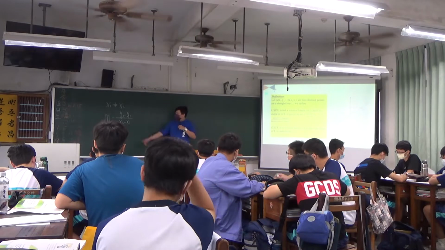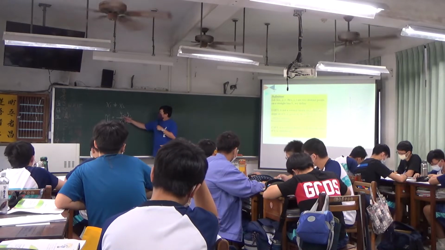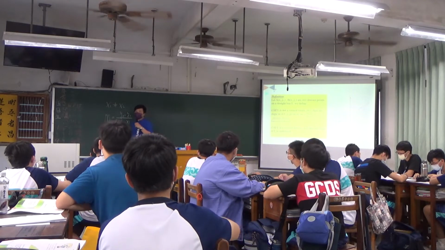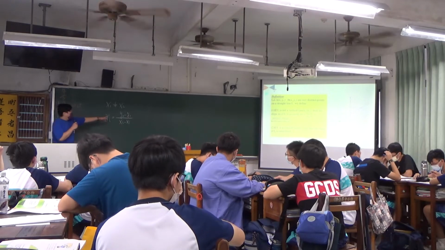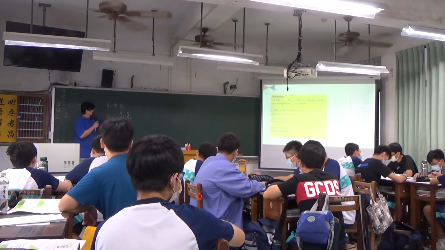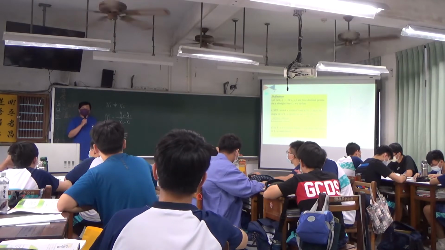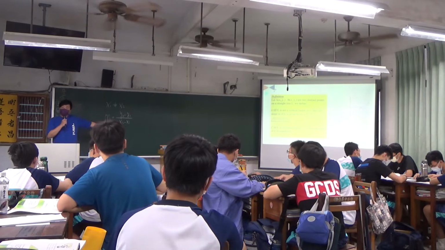The denominator is x2 minus x1, and the numerator is y2 minus y1. It's a ratio, a proportion. So y2 minus y1 over x2 minus x1 is defined as the slope of the line. Can you understand me?